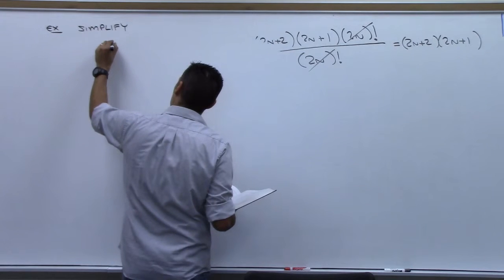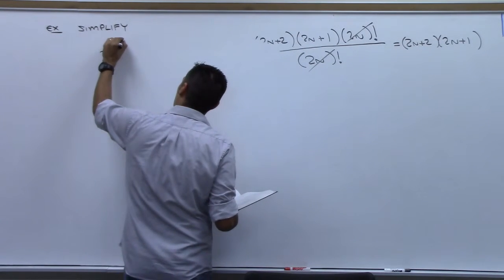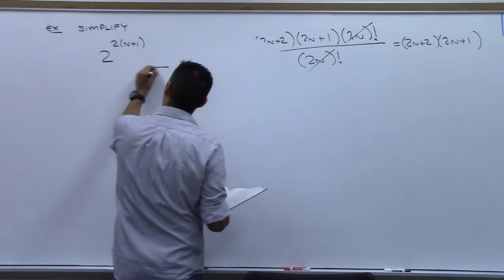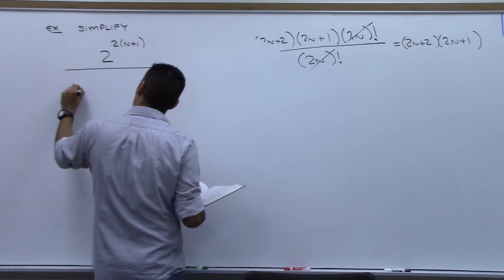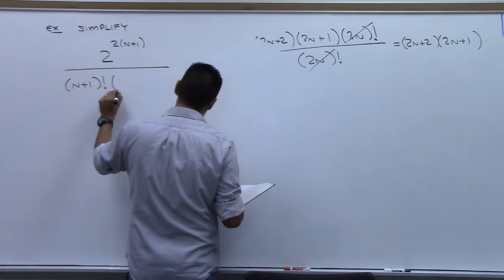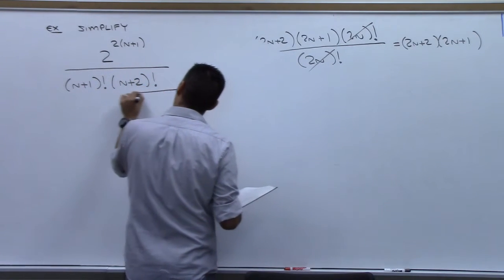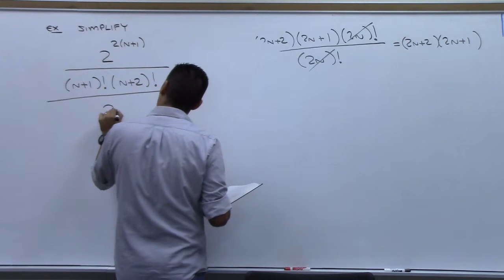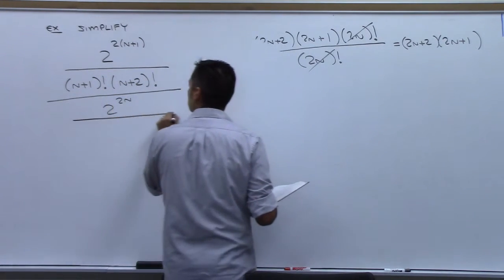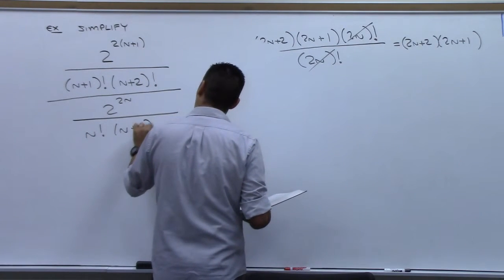2 to the 2 times n plus 1 over n plus 1 factorial times n plus 2 factorial, over 2 to the 2n over n factorial times n plus 1 factorial.